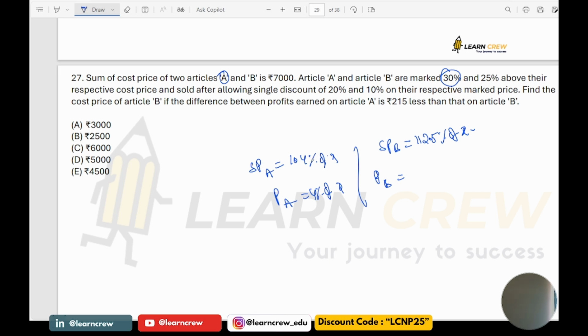The profit earned on article A is 4% of X, right? And what about the profit earned on article B?